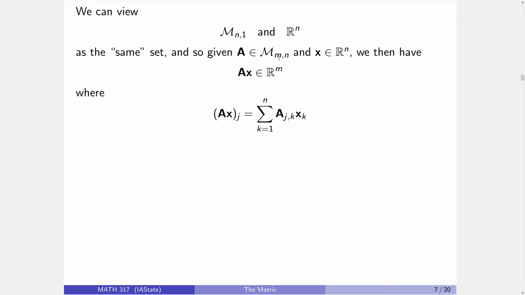So if I take an m by n matrix A, I can multiply it by an element of R^n accordingly. So A times x is an element of R^m, and you can write out what it's equal to. So yeah, you can take a matrix and multiply it by an element of R^n and get an element out of it.